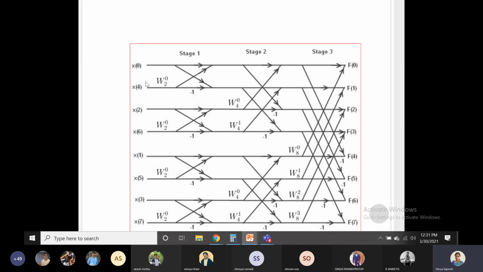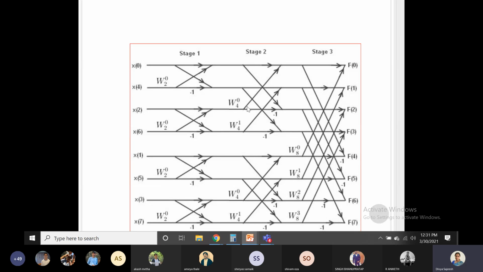First you inserted the bit reversed elements. I changed the position of the elements. So the element positions have now become x0, x4, x2, x6, x1, x5, x3, x7. So I gave the input in the bit reversed order. Then I used the two input butterfly diagrams. Then I went to the second stage.